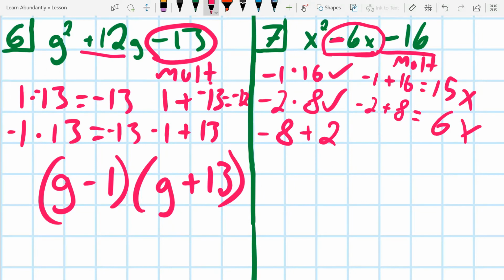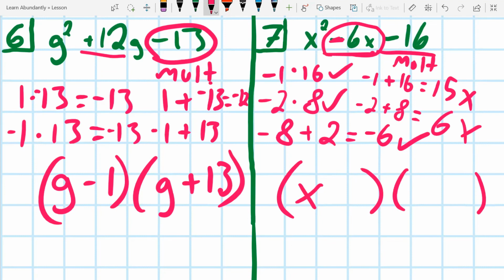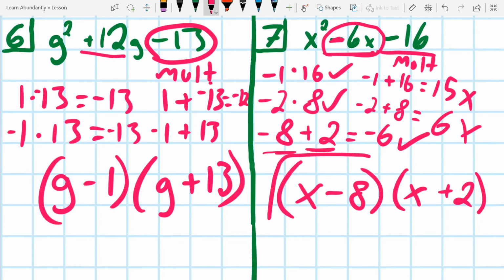It's still going to give me a negative 16 if I multiply, but if I add them, I get the negative 6. So I finish it out by writing my two parentheses. My variables this time are x's, and I have a -8, and a +2. It doesn't matter which order we go into because multiplication is commutative.